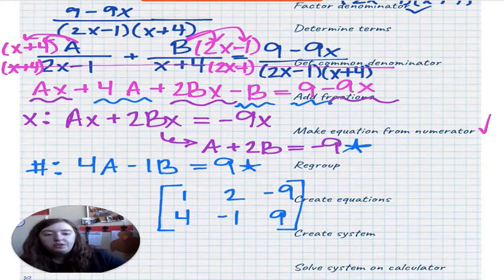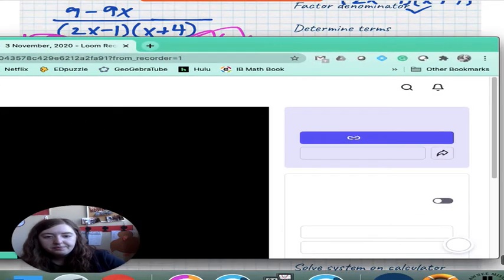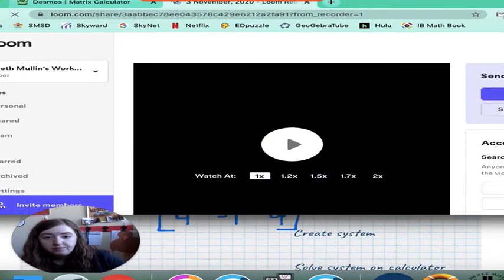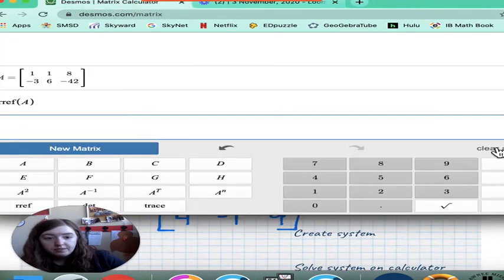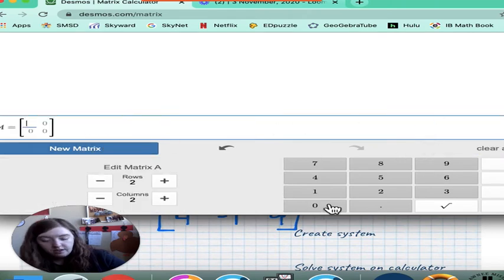So then we'll use our graphing calculator. Clear all, new matrix. And this is a 2 by 3. 1, 2, negative 9, 4, negative 1.